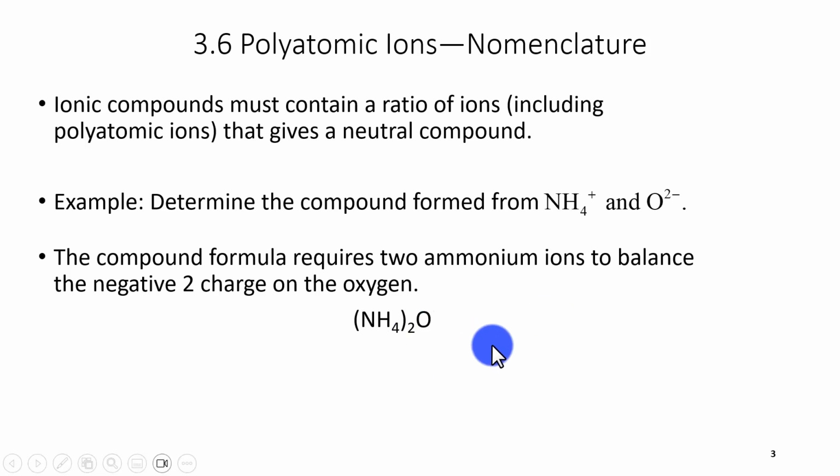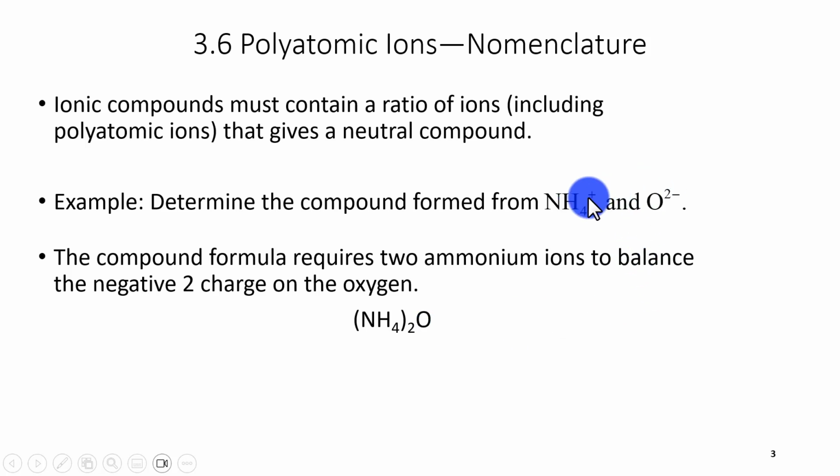An easy trick to do these is to cross the charges. So if I'm pairing these 2 ions up, I have a 2- charge here and a +1 here. All I have to do is bring this 2 over here as a subscript, so I need 2 of these, and then take the +1 and bring it as a subscript on the oxygen side, except we don't write it because it's assumed that it is a 1.